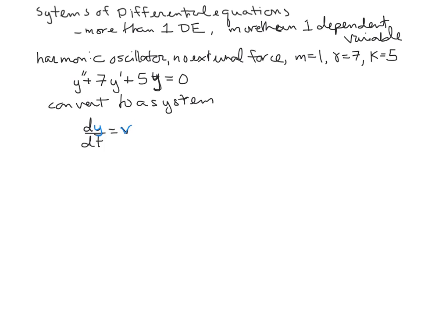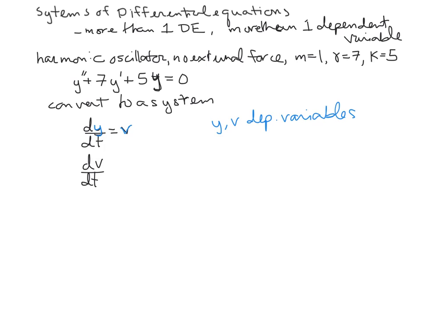So I said that there's more than one dependent variable. y and v are the dependent variables in this case. And we're going to have more than one equation, and the other equation is going to be the derivative of v with respect to t. And that needs to be in terms of y and v. Those are our dependent variables. We want to keep them that way. We don't want anything else.